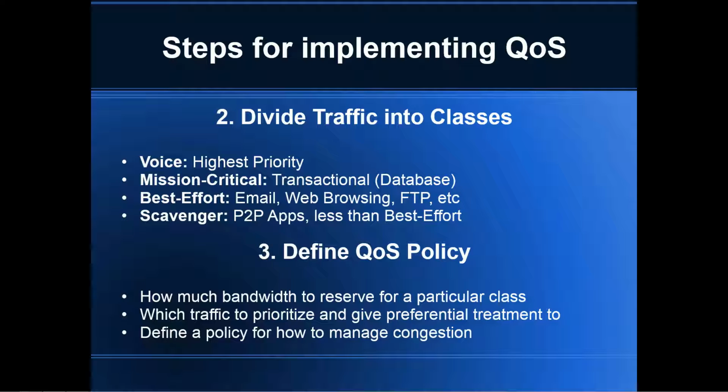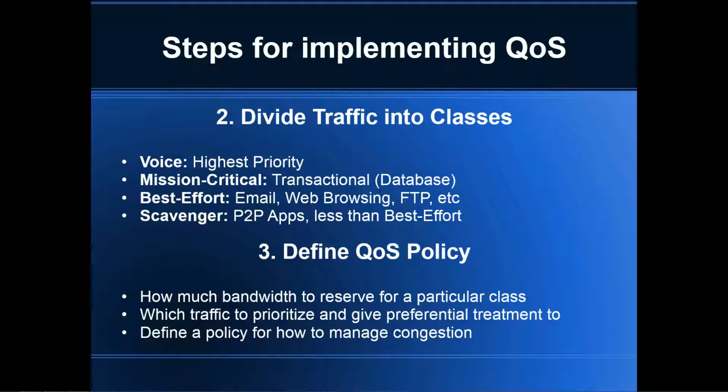So what I mean by that is, let's say we do break this up into voice, mission critical, best effort, and then other applications that we can just put there if there's additional bandwidth. Well, how much are we giving to voice? How much, if we have, let's say, 100 megabit, are we dedicating half of it to voice? Are we dedicating 2/3 of it to voice? How much of the bandwidth are we actually going to carve out for voice?